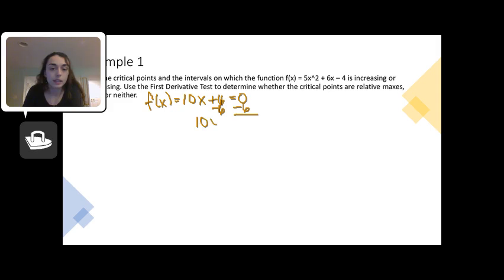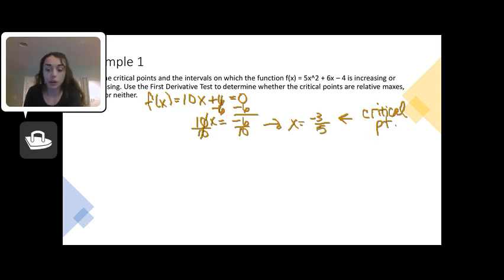We get 10x equals negative 6, and then we divide by 10 to get that x equals, after reducing this fraction, negative 3 over 5. So there is only one critical point in this case. Okay, so our next step will be to draw a number line of our critical points.